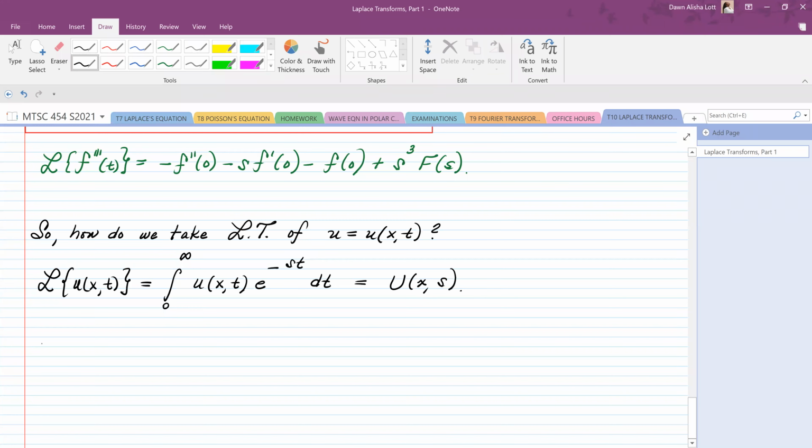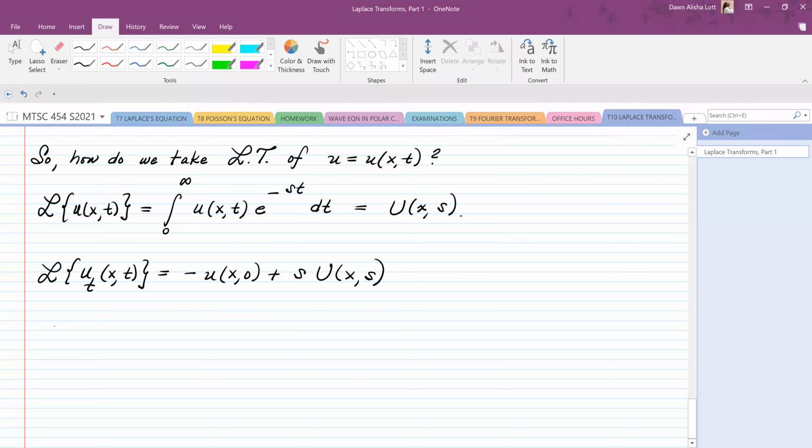The Laplace transform of u sub t of x and t is going to be minus u at x and 0, plus s times the Laplace transform, capital U of x and s.